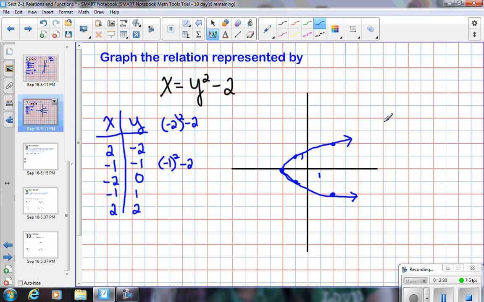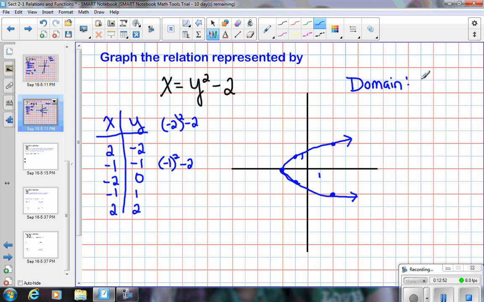Now the question is, well, let's do the domain. So the domain, can x be anything? Notice the values. Look along this direction. Notice that the farthest to the left we go is -2. There's nothing smaller than -2.